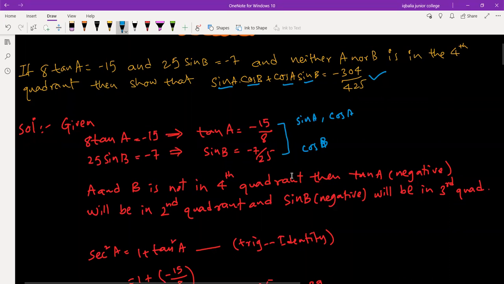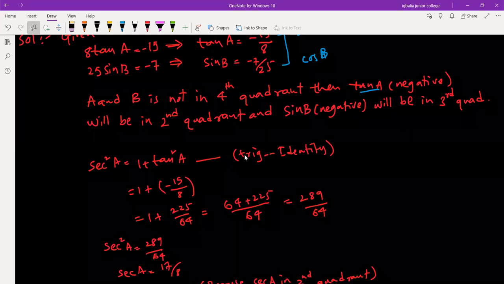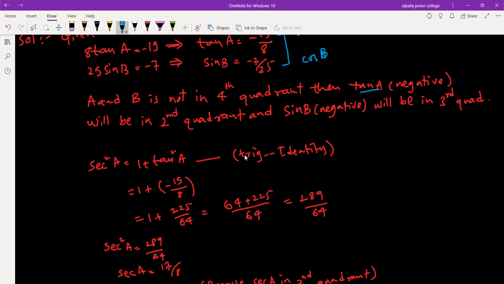So here the second thing given in the question is, A and B are not in the fourth quadrant. Okay, so here tan A negative will be in second quadrant and fourth quadrant, but in the question it is given that A is not in the fourth quadrant, that means it will be in second quadrant.